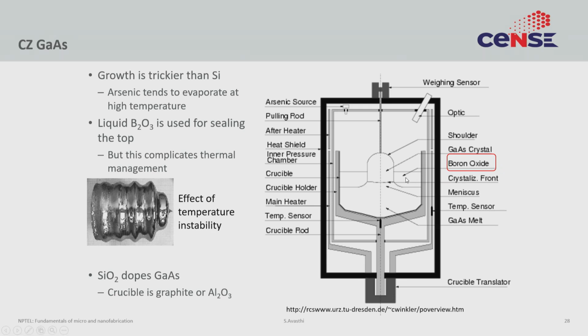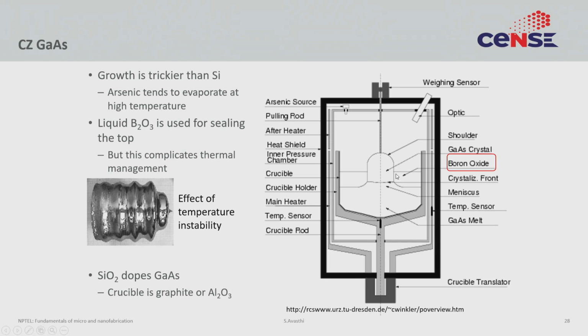Now this solves the problem of arsenic leaving, so the stoichiometry of the melt remains the same. However, it adds a problem, and that problem is that the thermal management becomes remarkably hard. Heat is lost at this boron oxide interface. It becomes very hard to control the area. So you end up making ingots that look like this.